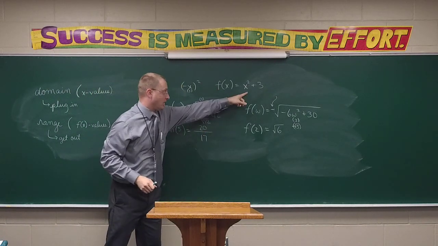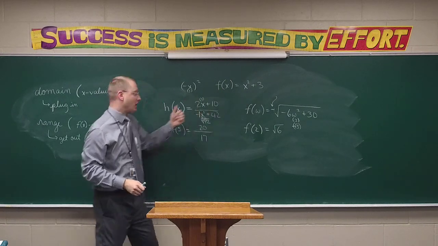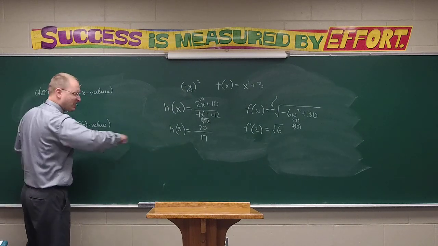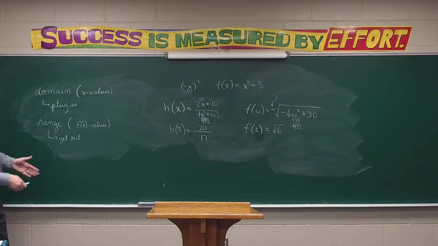But whatever you plug in, you're only ever going to get out positive values. That's your range. Does that make sense? So the group of all the numbers you're allowed to plug in is called the domain, and the group of all numbers you'll ever get out of a function is called the range. Okay? So domain is practically x values, and range is y values, or f of x values.